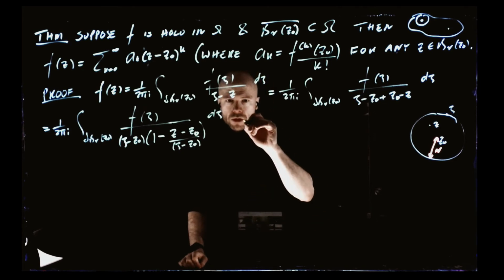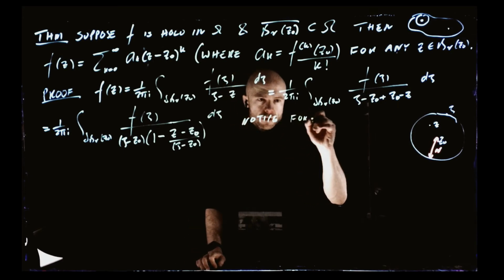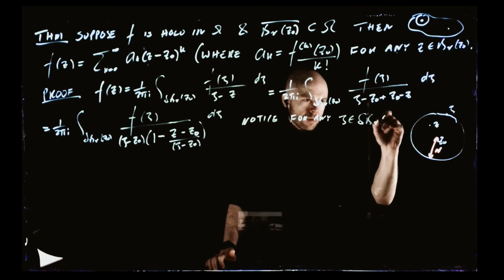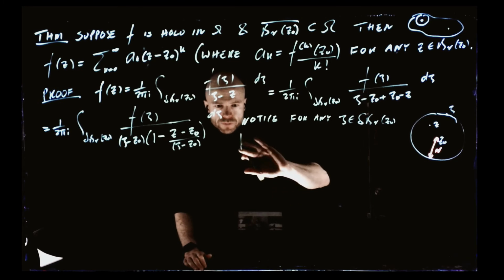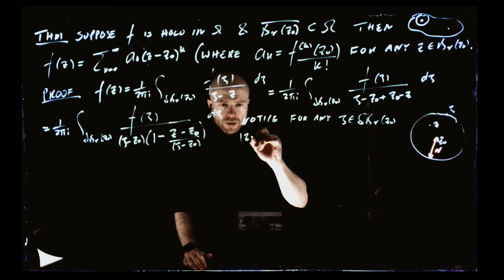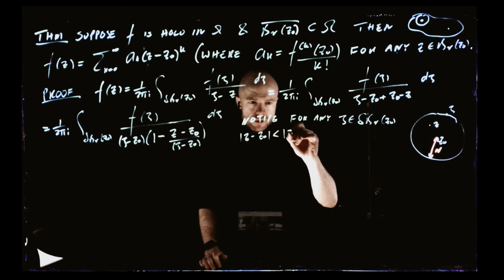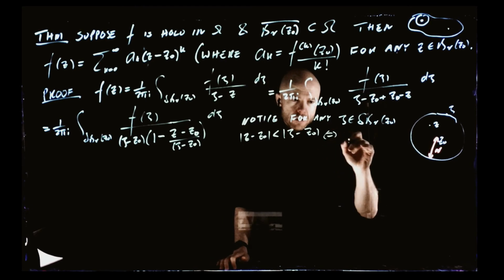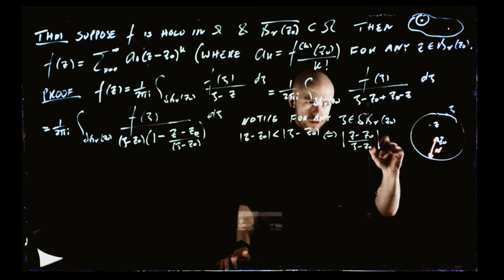So notice that for any zeta around the boundary of the ball, the absolute value of z minus z0 is strictly smaller than the absolute value of zeta minus z0. So therefore, the absolute value of this number, z minus z0 over zeta minus z0, is strictly less than 1.